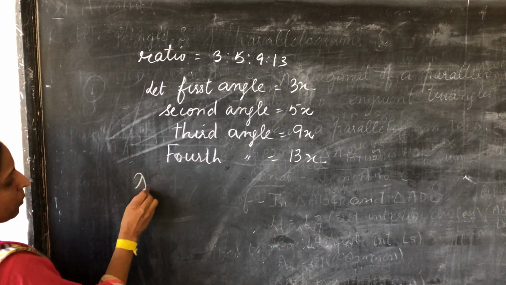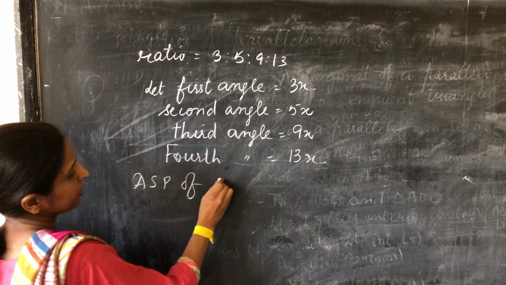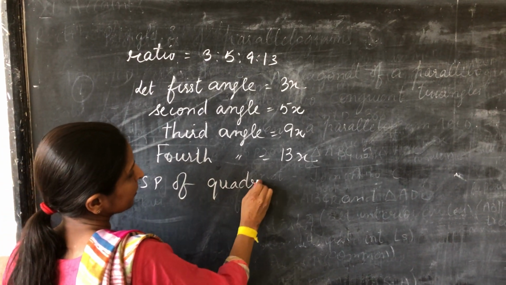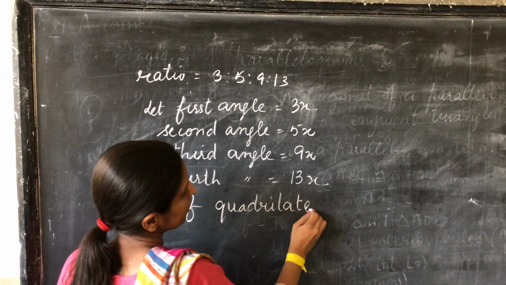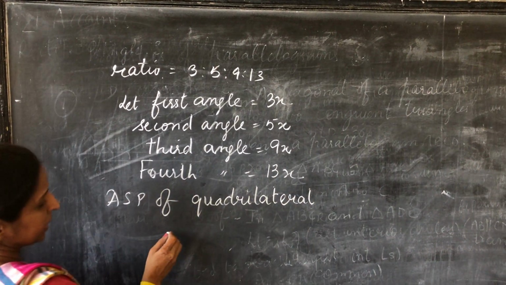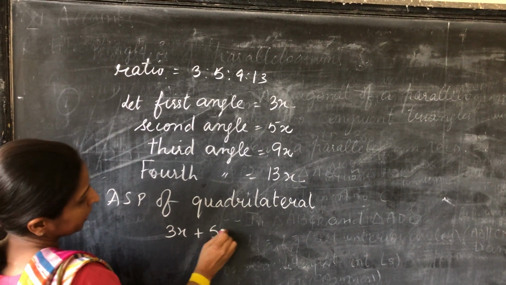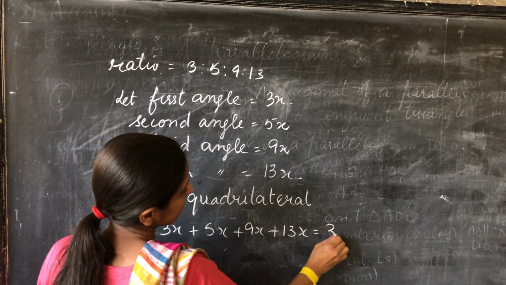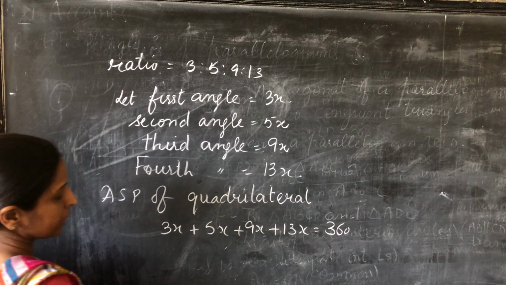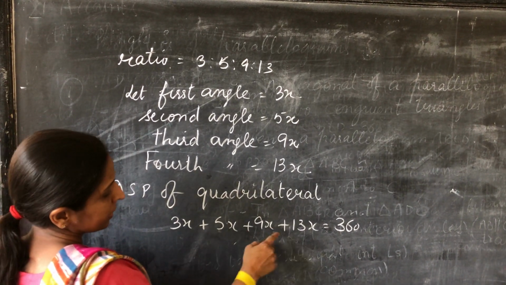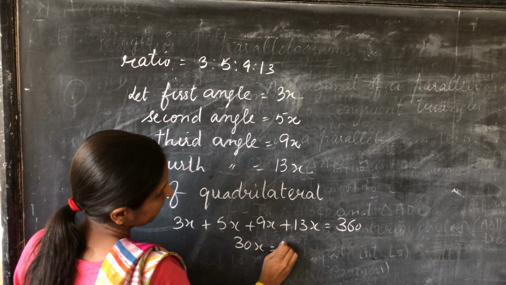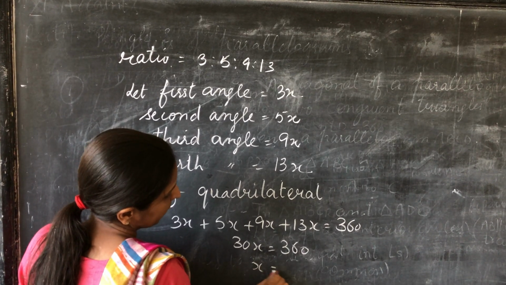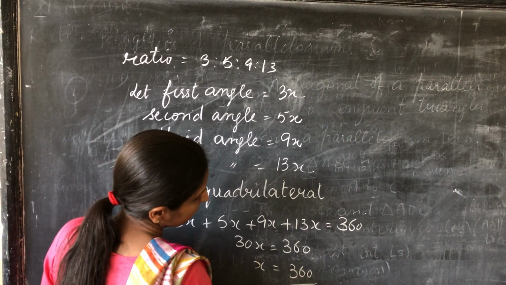So by the angle sum property of a quadrilateral, the sum of the 4 angles is 360 degrees. So 3, 5, 9 and 13, if I add, my answer should be 360 degrees. So by adding, you have 30x equals 360, and x will be 360 upon 30.